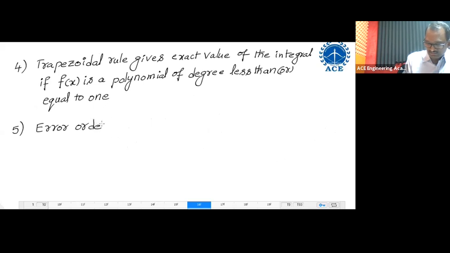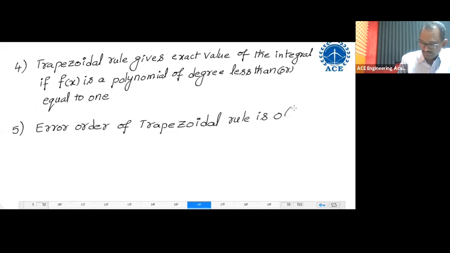Error order of trapezoidal rule is 2, written as O of h square. Error order 3 would be O of h cube.